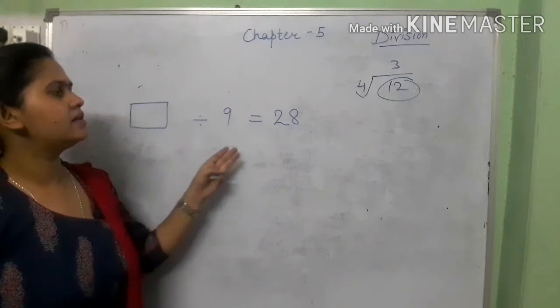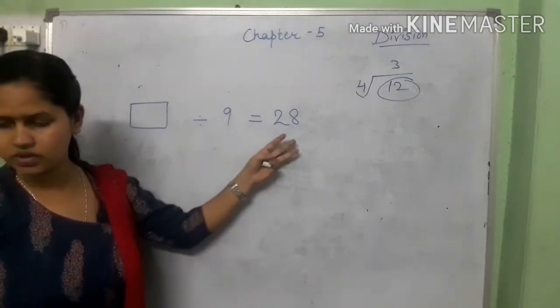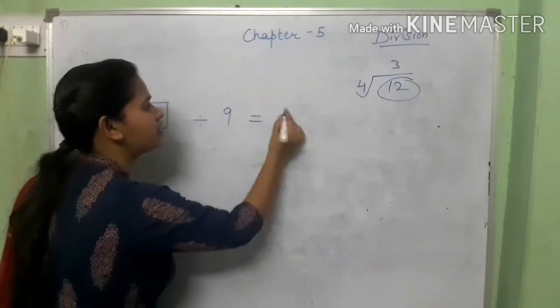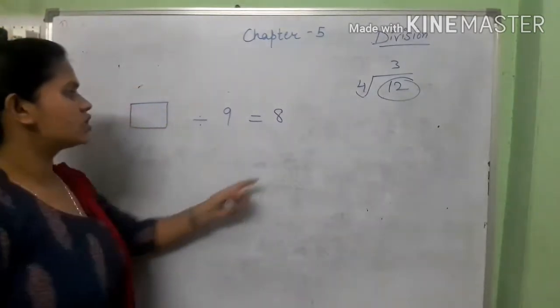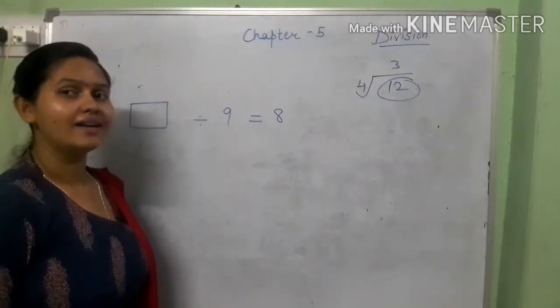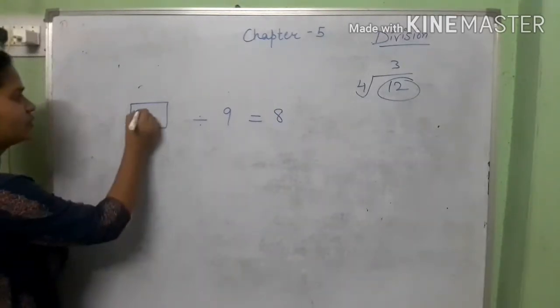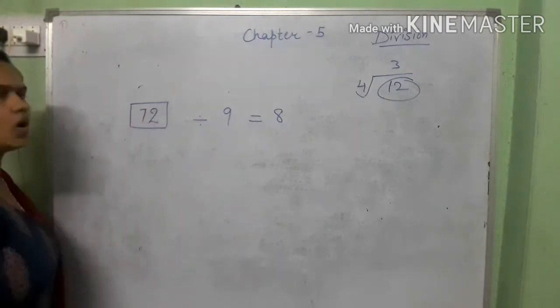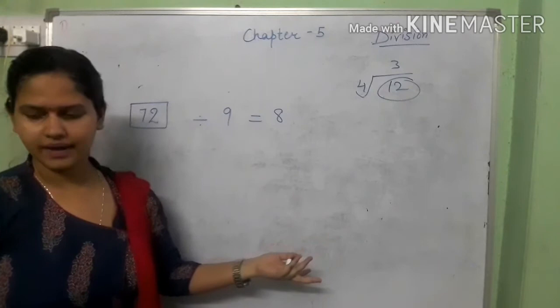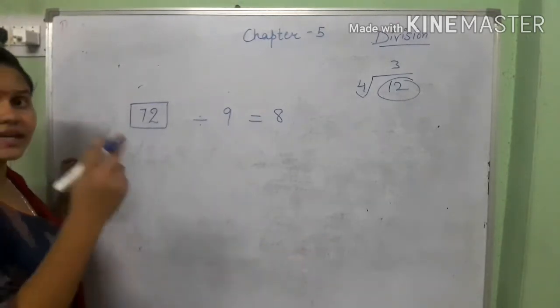On the 9 table, sorry, there is 8. I have written it wrong. So here is 8. So 9 8s are 72. Or you can multiply 8 9s are 72, right? Now come to the next one.